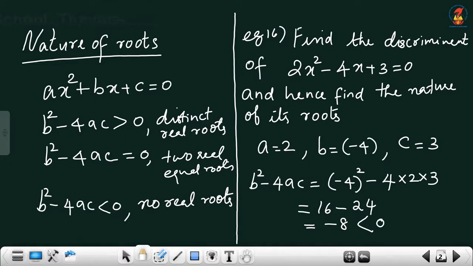So, b square minus 4ac is less than 0. That means no real roots.